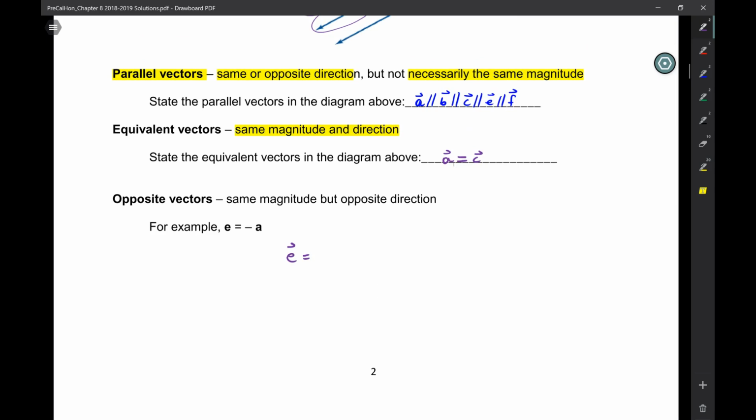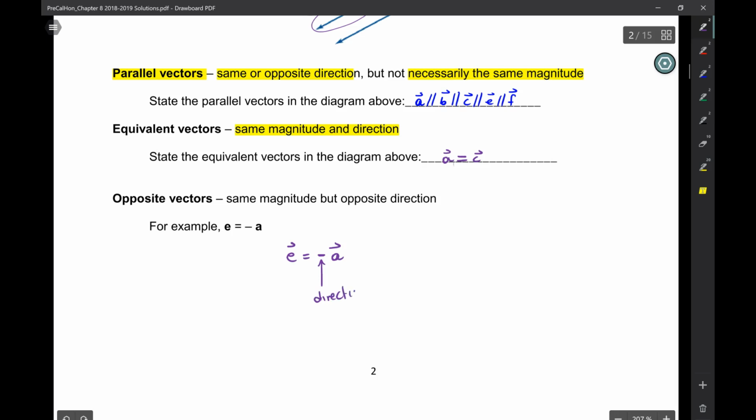In the world of vectors, direction is specified by the symbol, negative or positive, in front. So the sign gives direction. If E is the opposite of vector A, then we say it's got the negative direction, so it's negative of vector A.